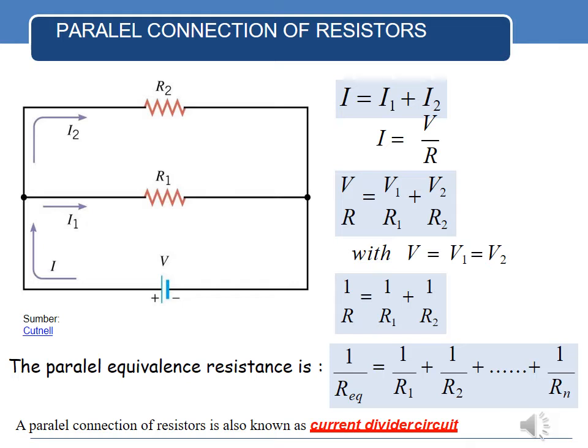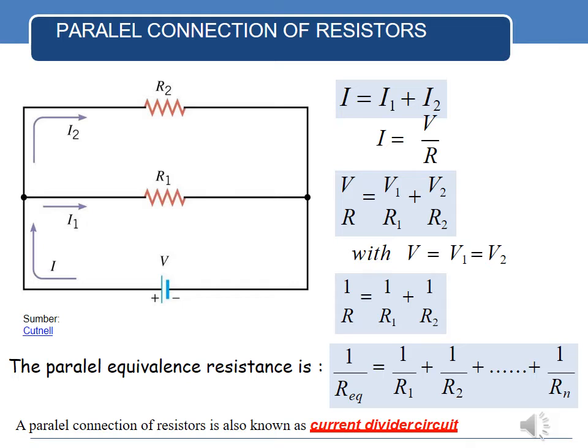The parallel connection of resistors. If you look at this picture below, you have a parallel connection of resistors. What is a parallel connection? Suppose the beginning of the resistor is called the tail and the end of the resistor is called the head. In a parallel connection, we connect the tail of R2 with the tail of R1 and connect them to the positive pole of the battery.